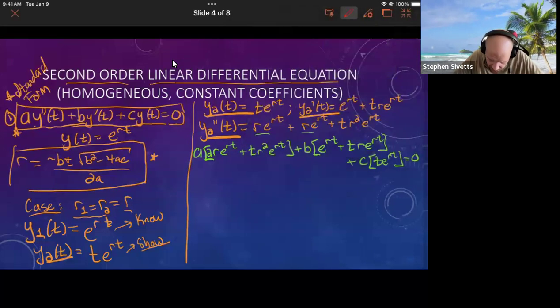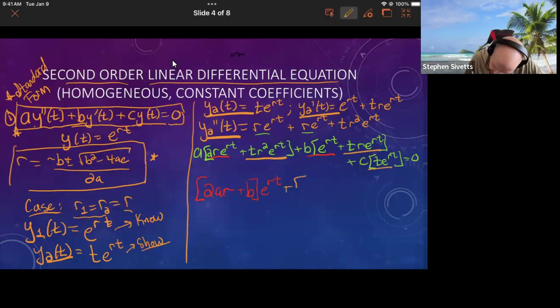Now what we need to do is gather all of the terms that don't have a t in front. So this term here and this term here. So these constants will be 2 times a r plus b, times e to the rt. And then I want to gather all of the terms that have a t in it here.